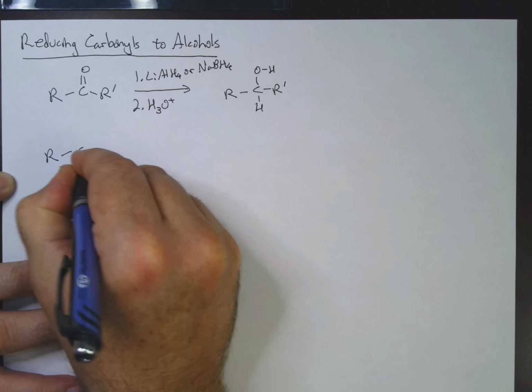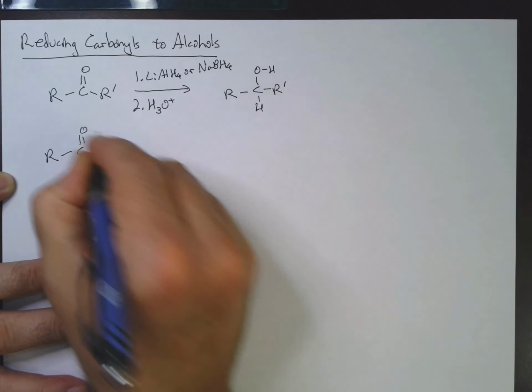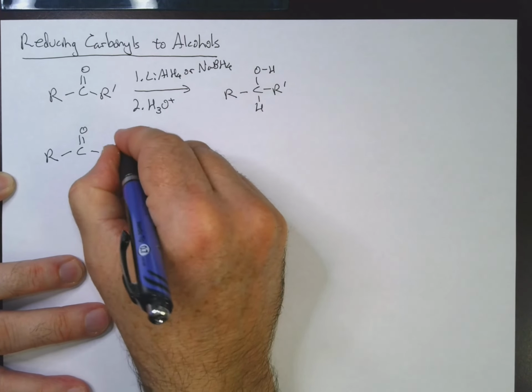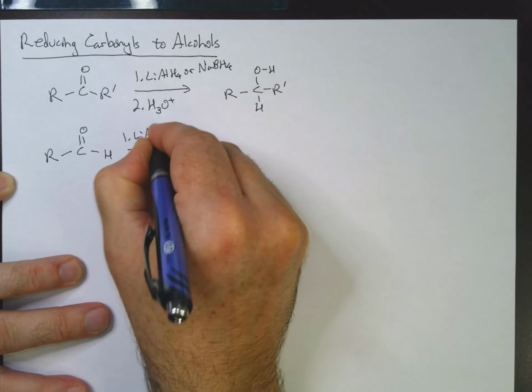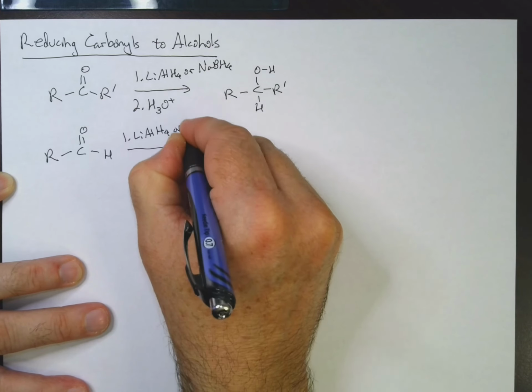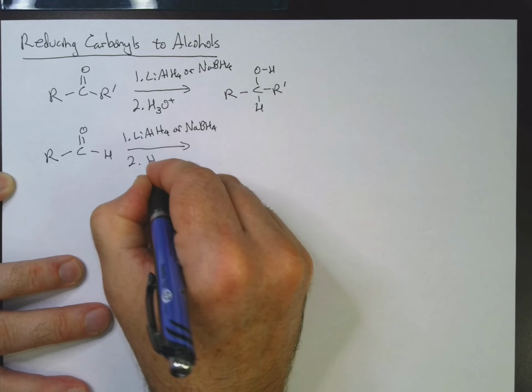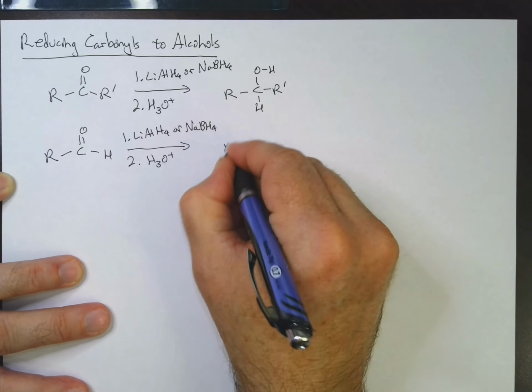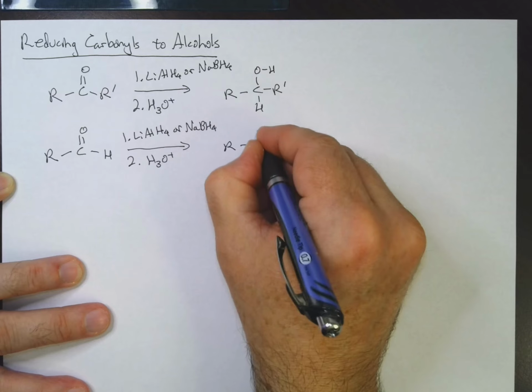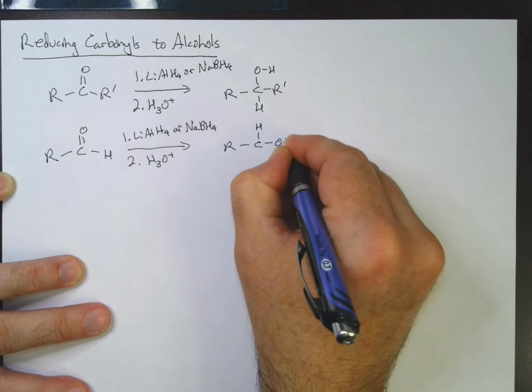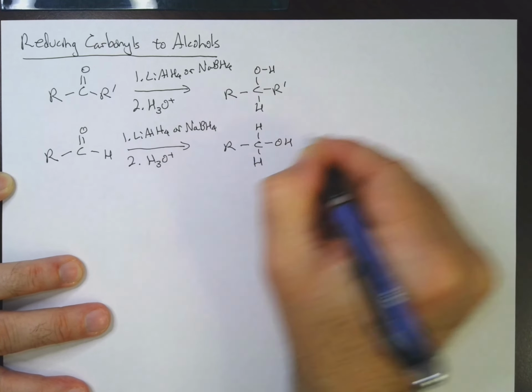This works for aldehydes as well. LiAlH4 or NaBH4 plus water gives RCH2OH.